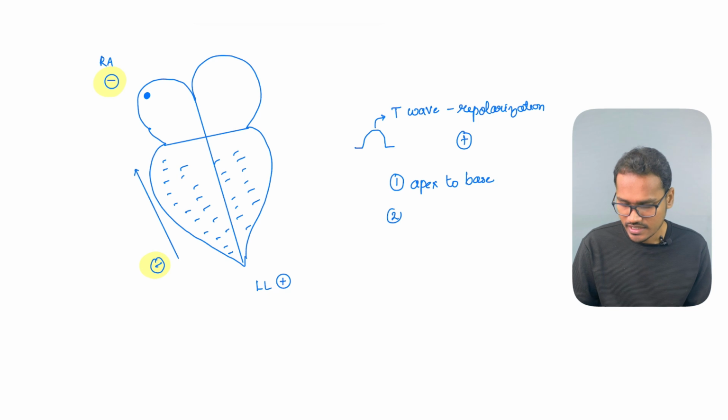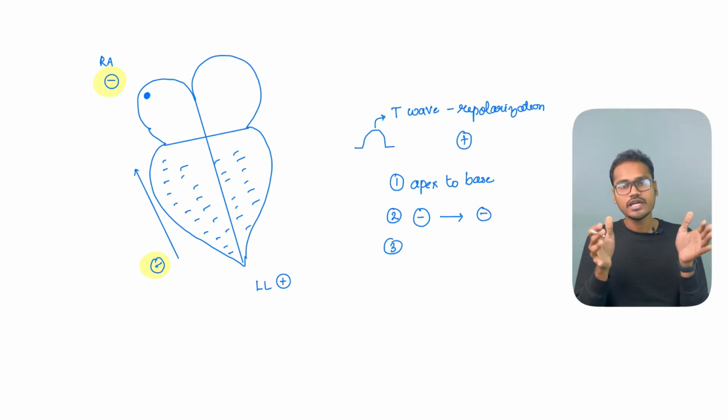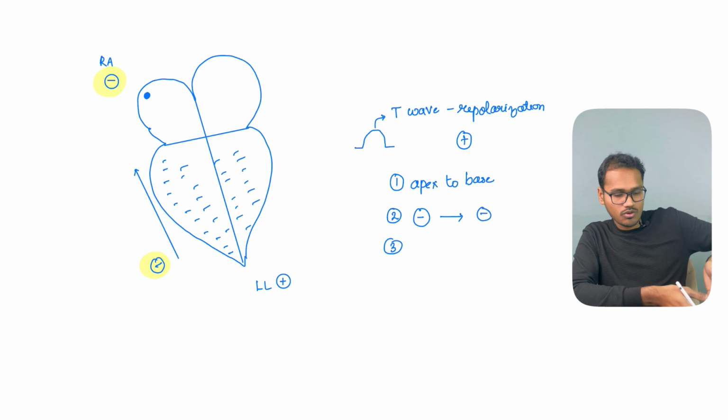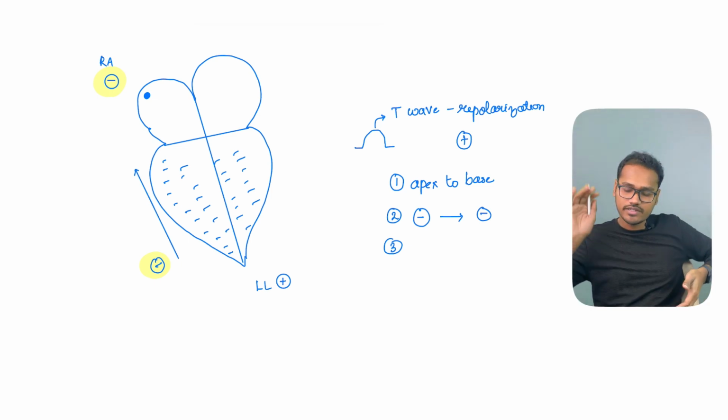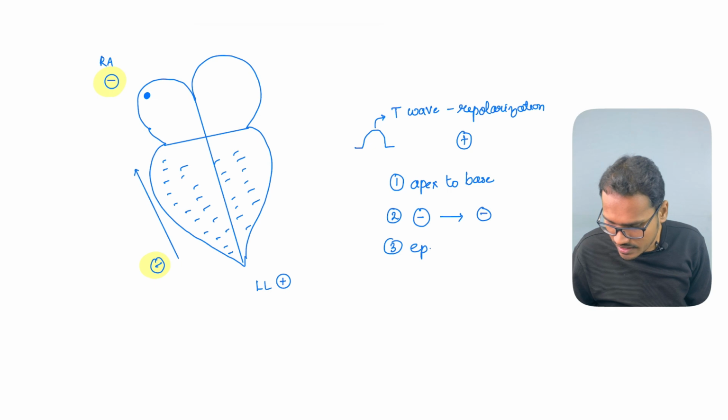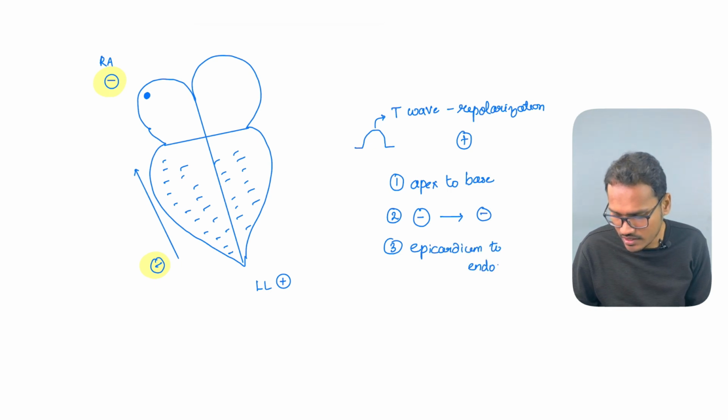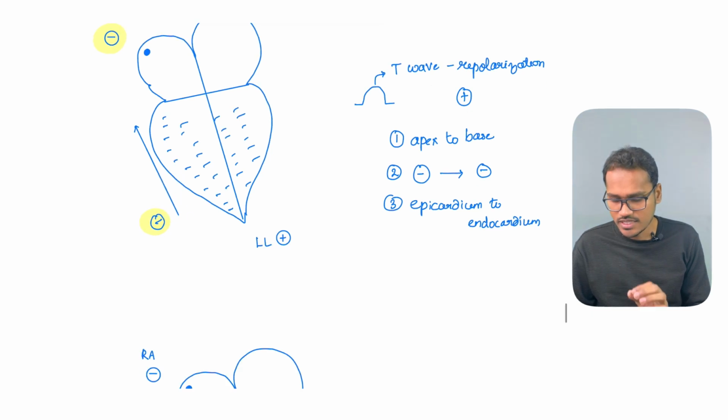Next thing is the negative charges are moving towards the negative terminal. Next thing is it happens from the epicardium to the endocardium. Imagine it like from the outside the charges are moving towards inside. So it is moving towards the negative terminal. So it happens from the epicardium to endocardium. So these are the reasons.